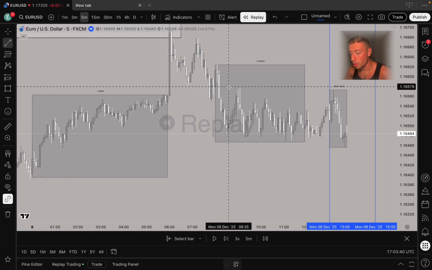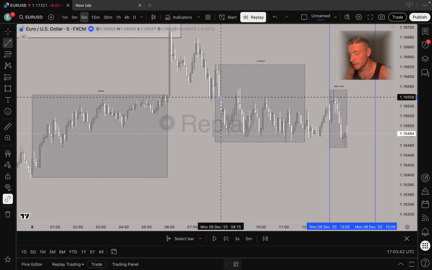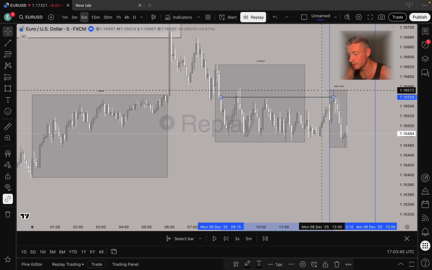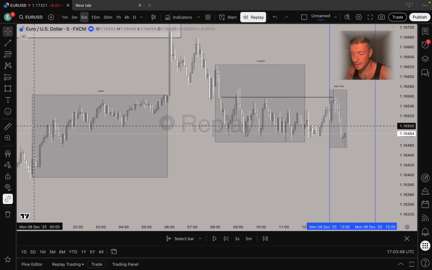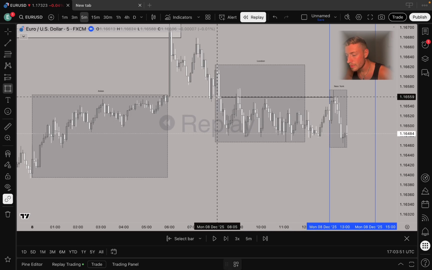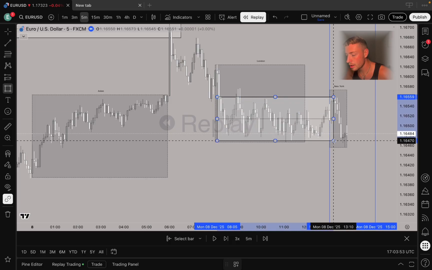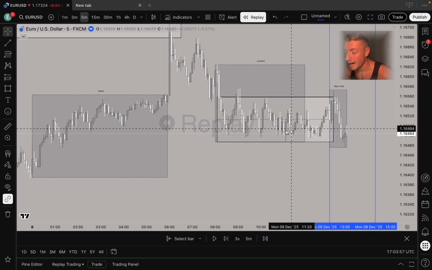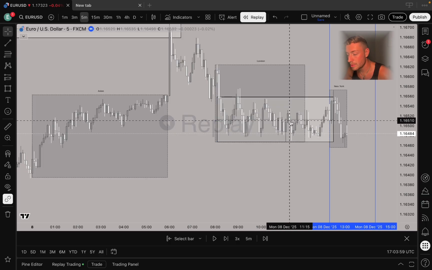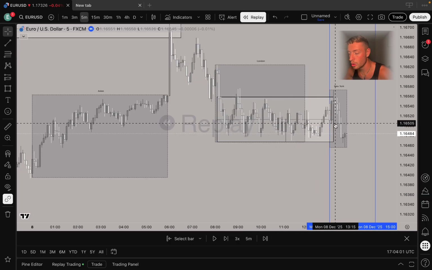So all we did was mark out most of the accumulation here. So it kind of varied. The mean range of this, 50% orders were just getting put in and out. So one thing I do like to do is I like to mark out the accumulation of the range, and then from there I like to look at the mean, which is the 50% of this, to see what got taken out.